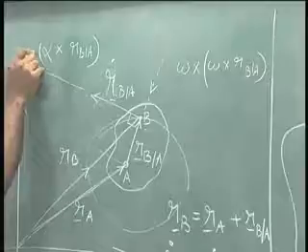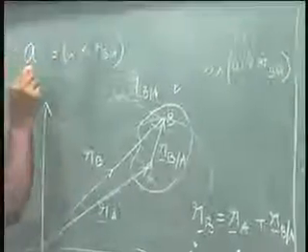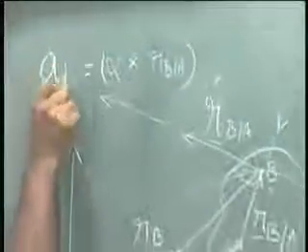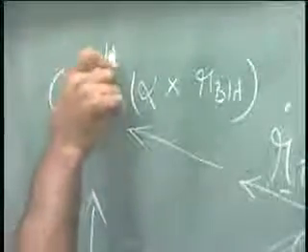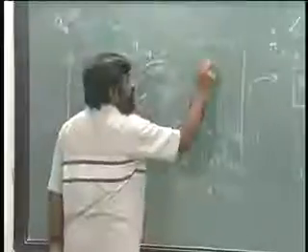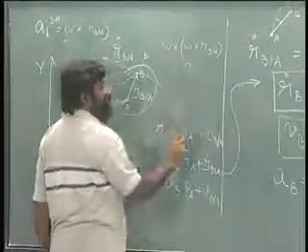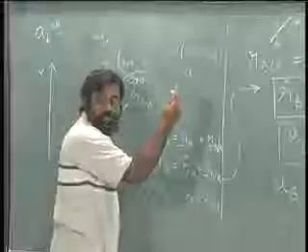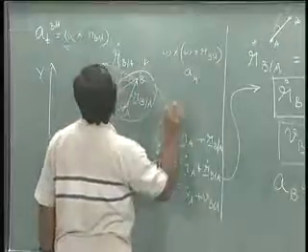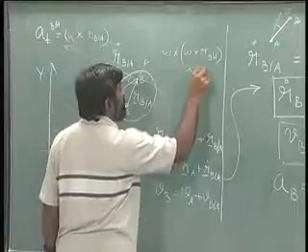So, I am going to call this A T of B with respect to A, and this I can call as A n, or let us say A R, of B with respect to A.